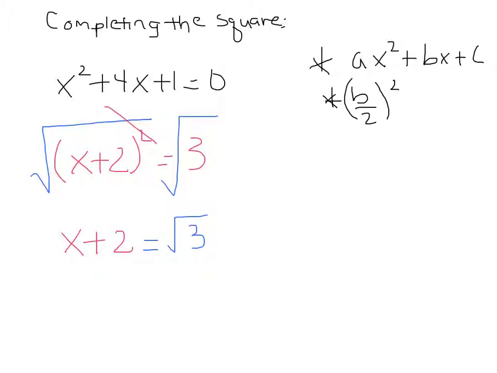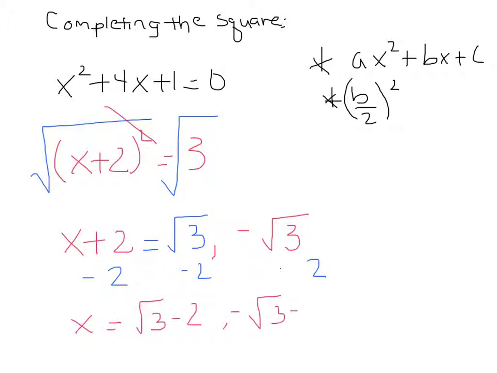And then the last thing that we can do is we can subtract 2 from both sides. Now the one thing you have to remember is that when we take the square root, we get the positive and negative values. We know that because a parabola is symmetrical, and so it has both a positive and a negative value. And then we can subtract 2 from both sides. And so x equals the square root of 3 minus 2, and the negative square root of 3 minus 2.